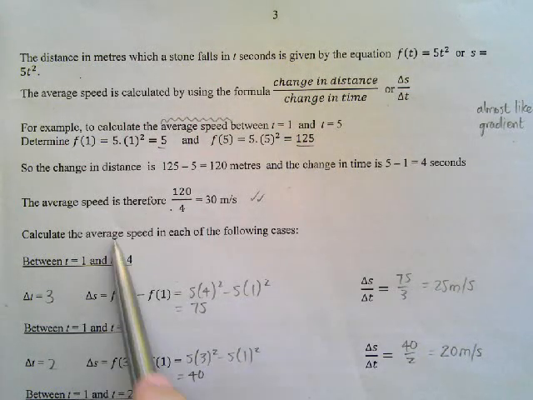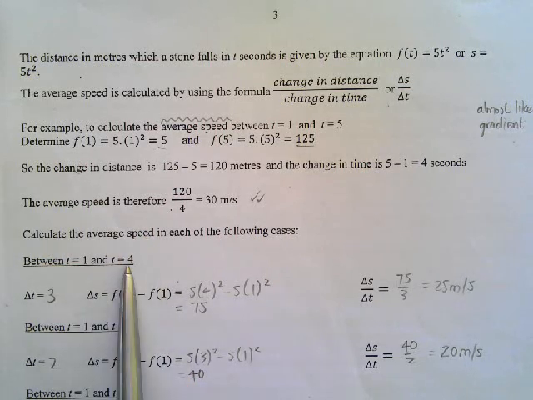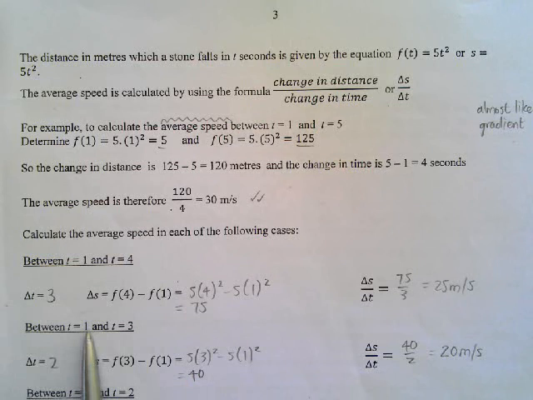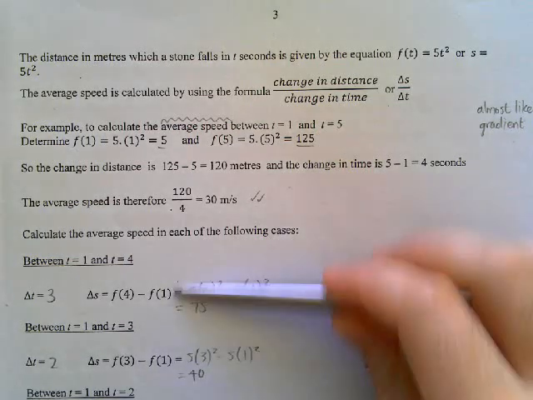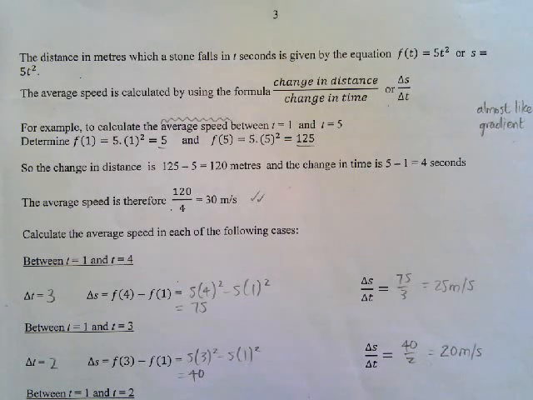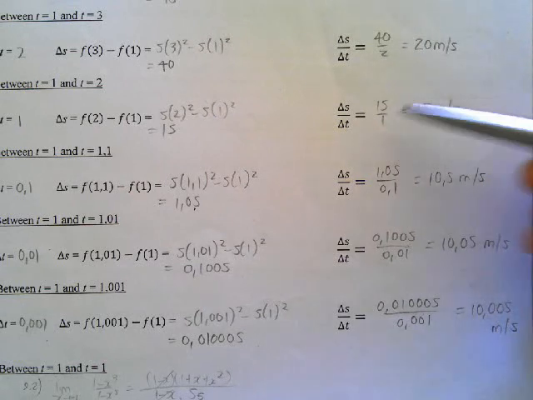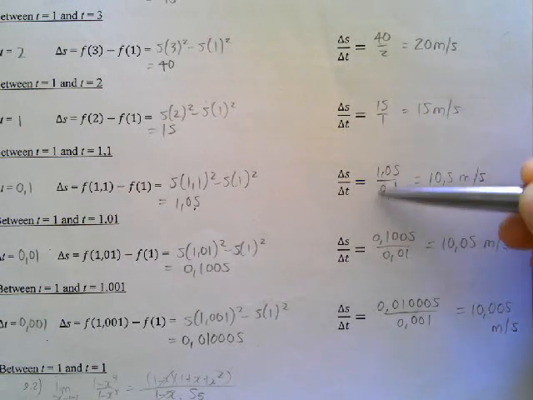So as they worked out the average speed between 2 points, between 1 and 3, 1 and 2, the change in time, the denominator, got smaller and smaller, right? So my average speed of 25 meters per second, 20 meters per second, 15 meters per second, 10, 5 meters per second, and so on. Do you notice that my denominator was getting smaller each time, right?